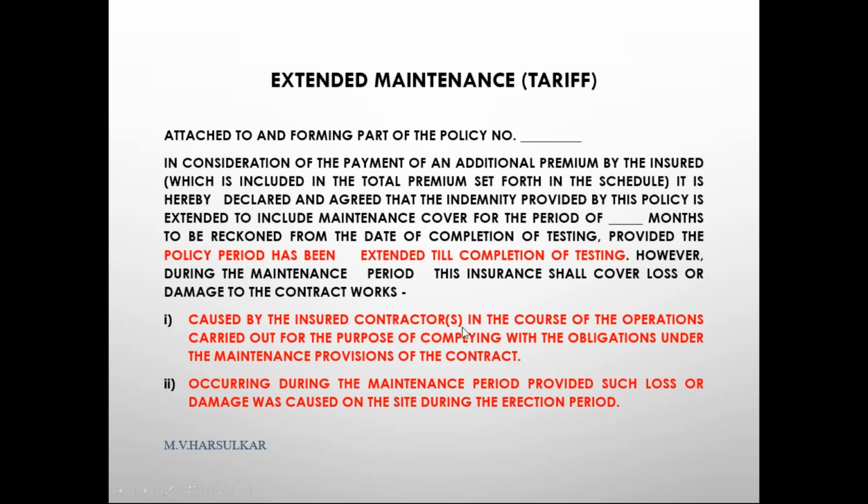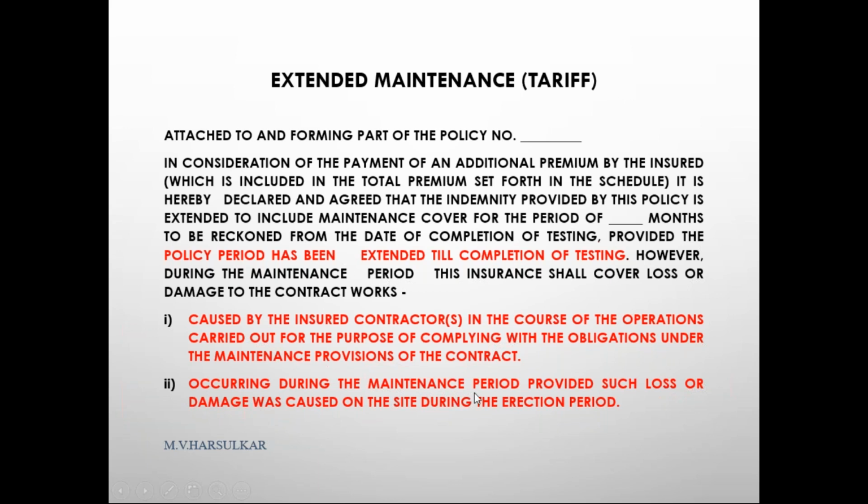The original contractor was the insured contractor. In between the policy period, 40% of the total contract work was shifted to a new contractor, but that new contractor's name was not part of the policy. Covered operations are those carried out for complying with the obligations under the maintenance provision, the same as before.